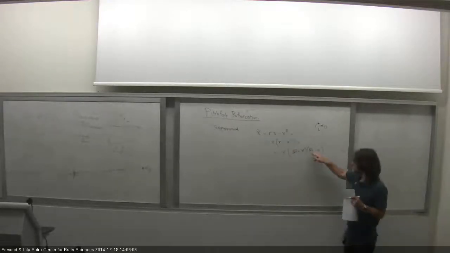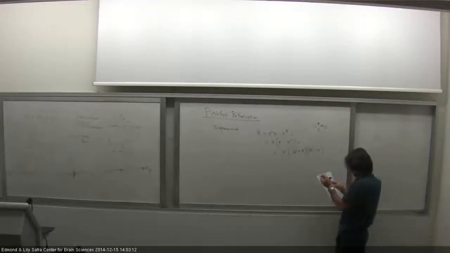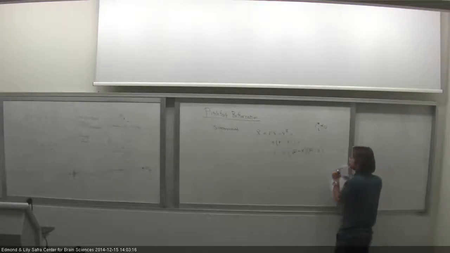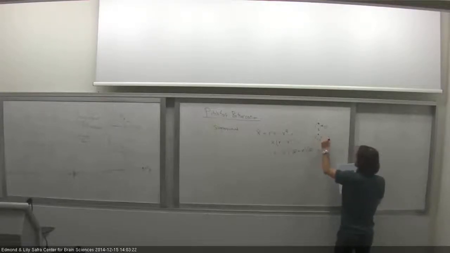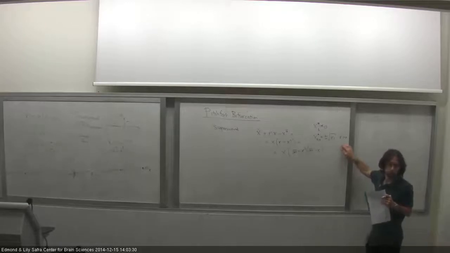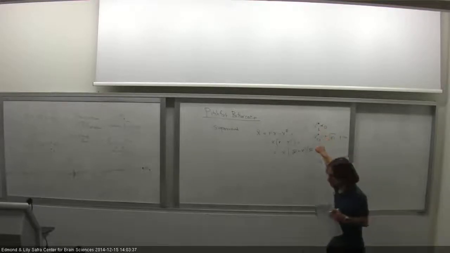This is the square root of the absolute value of r. And so I have two more fixed points that exist for positive r. Or r equals 0, but then they are degenerate with this one.